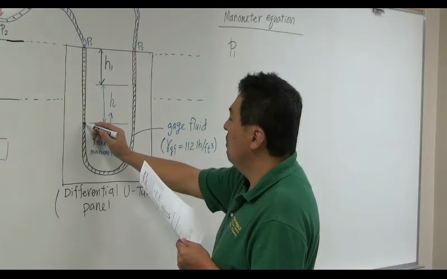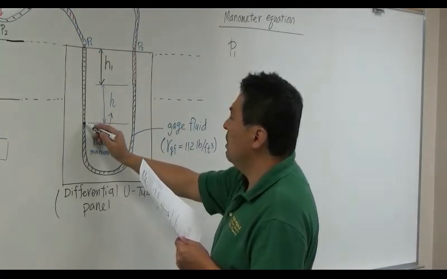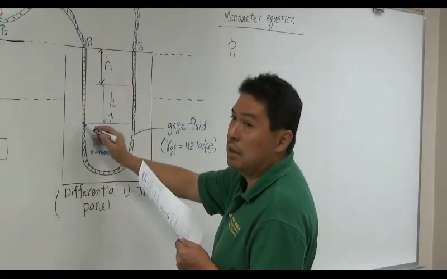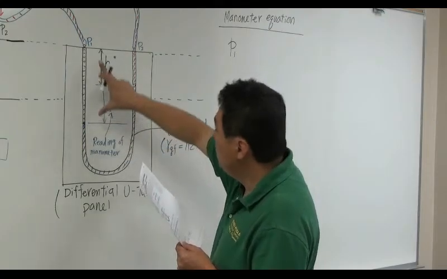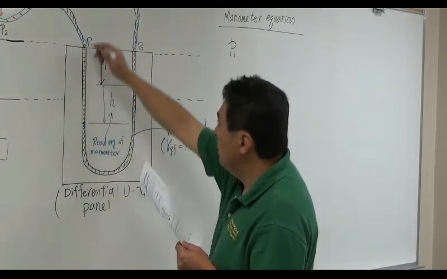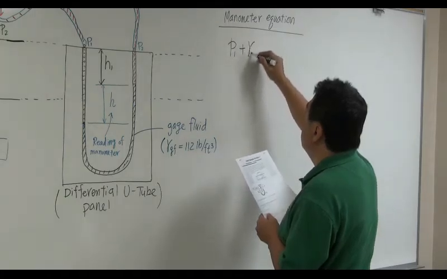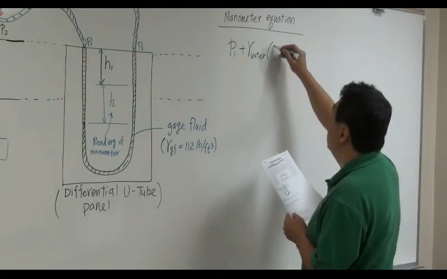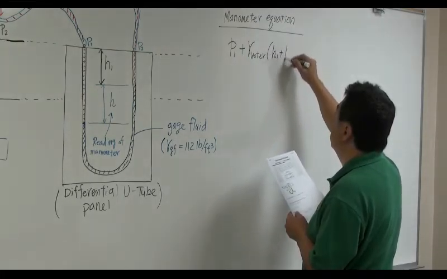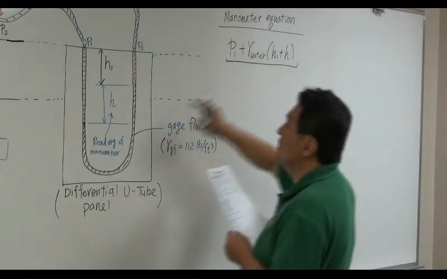What is the pressure here relative to that? Well, is it higher pressure? Yes, because it's deeper. So how much higher? Gamma times H. H is this much. Gamma is water. So P1 plus gamma water times H1 plus H. This is exactly the pressure right here.